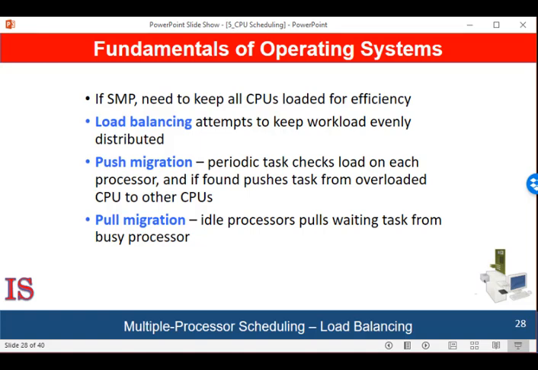Pull migration occurs when an idle processor pulls a waiting task from a busy processor. Push and pull migration do not necessarily need to be mutually exclusive and are, in fact, often implemented in parallel on load balancing systems.